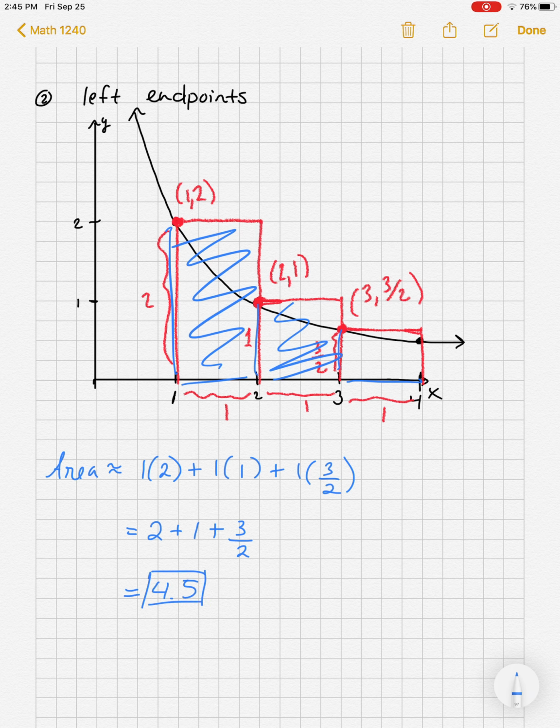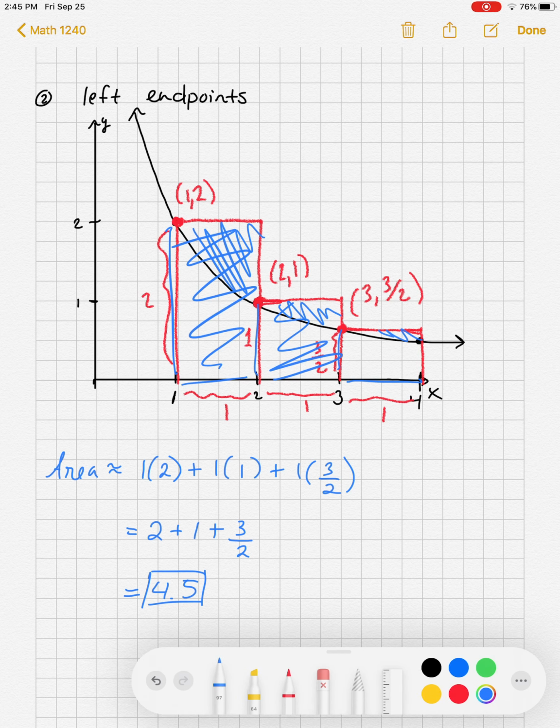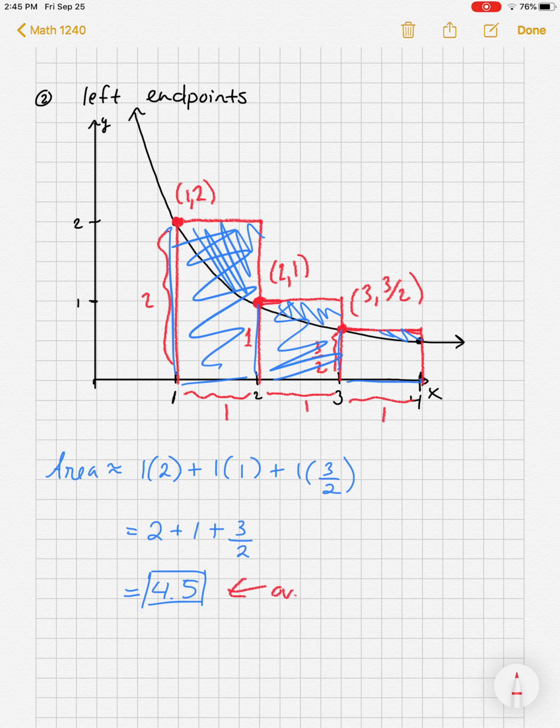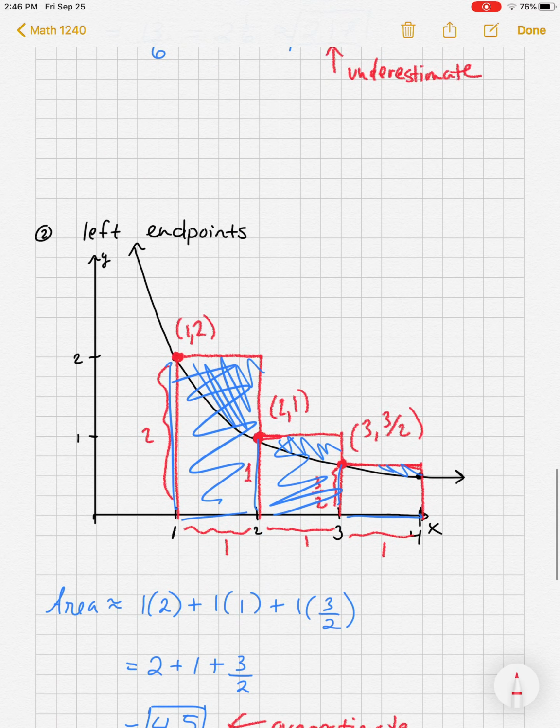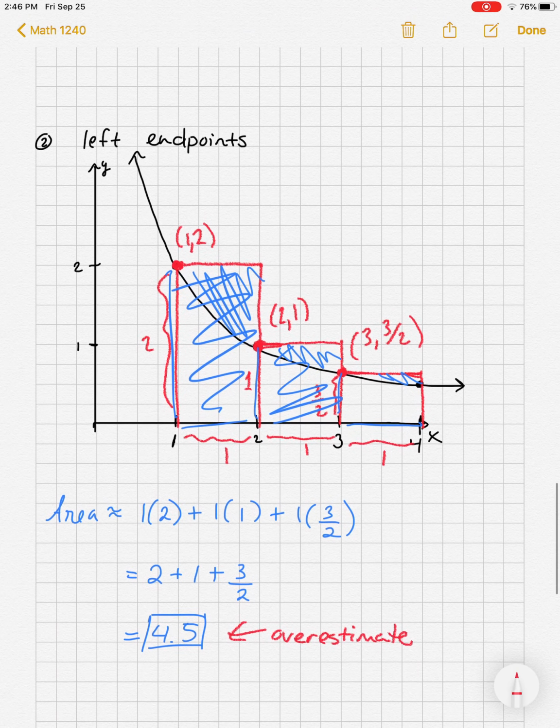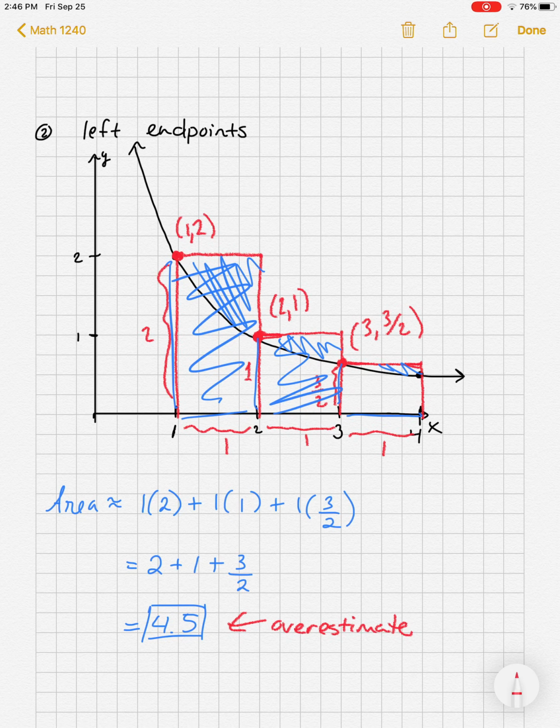That's 9 over 2. So this would be an overestimate because I got this chunk, and this chunk. Okay, so the actual area would be somewhere in between 2.17 and 4.5.